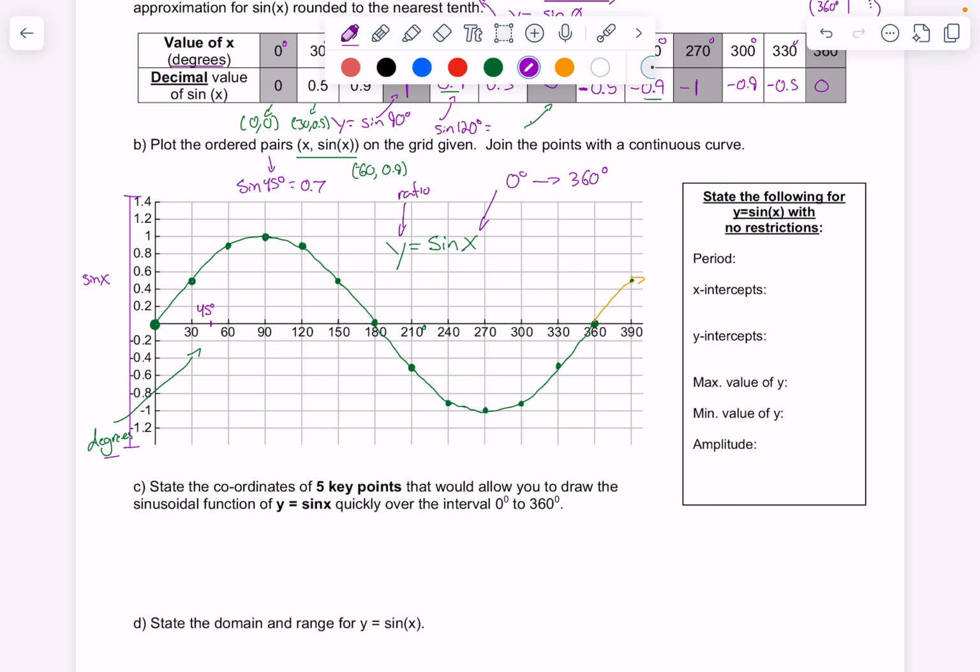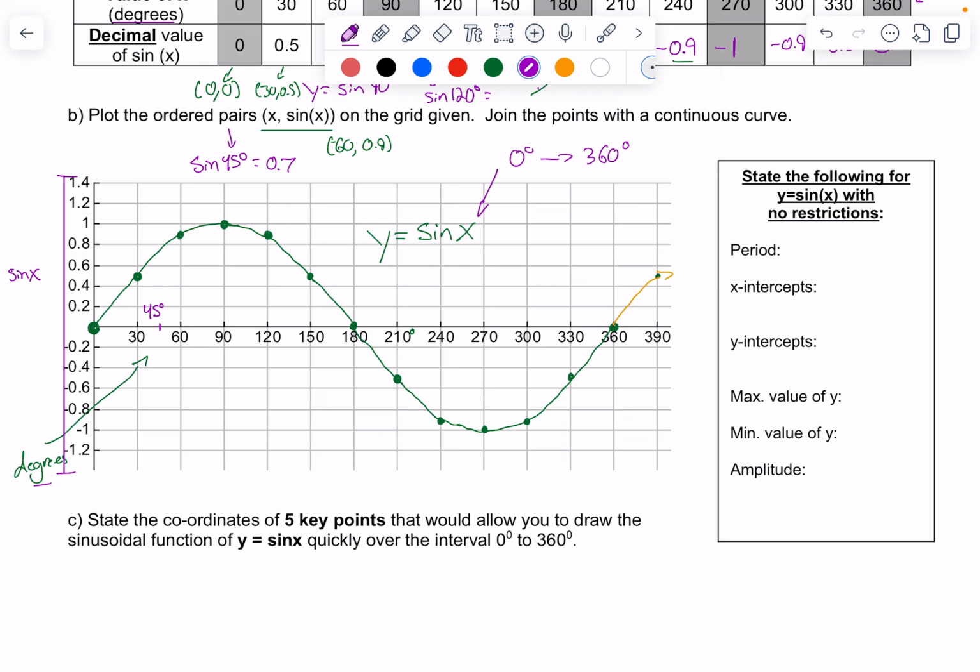Like remember back to our trick, the output of a sine ratio gives you a ratio, like ratio of opposite over hypotenuse. So state the following for sine x with no restrictions. So period. How long does it take us to get back to where we started?